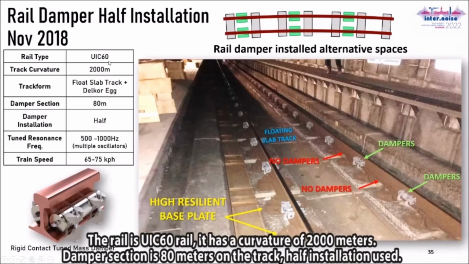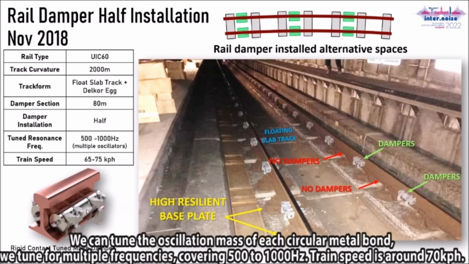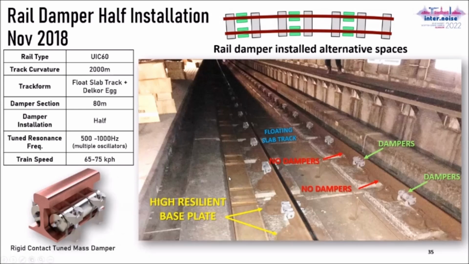It is the UIC60 rail, have a coverage of 2,000 meters, damper installation of 80 meters of the track, half installations. We can tune the oscillation mass of each circular metal ball. We tune multiple frequencies, covering 500 to 1,000. The train speed is around 70 kph.